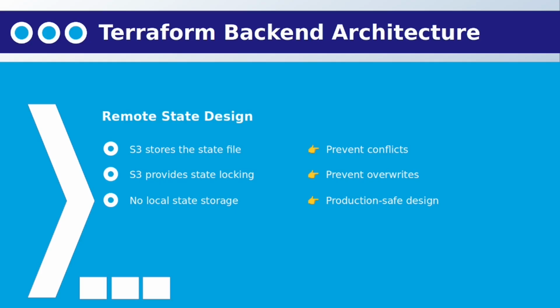So we store state remotely in S3. Benefits: centralized storage, team collaboration, no local state files, encrypted storage, and we enable state locking. State locking prevents 2 applies at the same time. Without locking, we risk overwriting state.